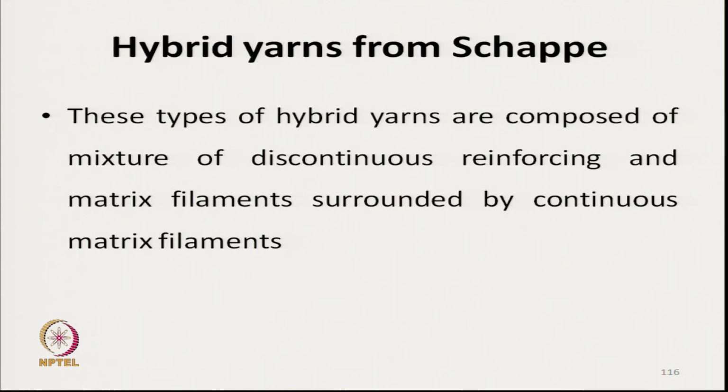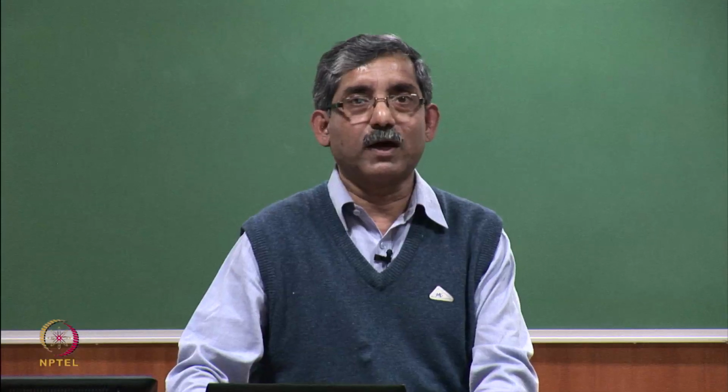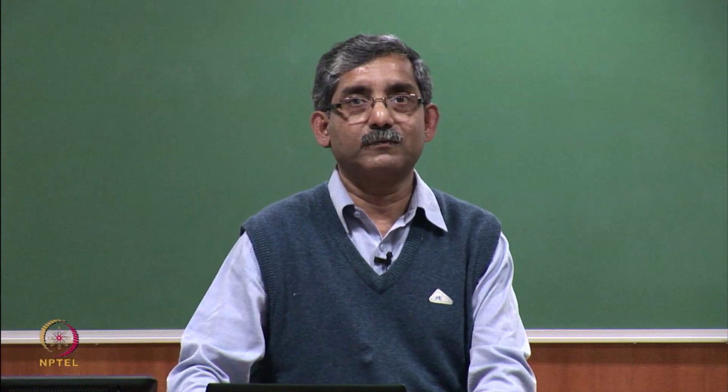There is another technique, it is a Chappe technique, discontinuous reinforcing and matrix filaments surrounded by continuous matrix filament. So, that is also one technique, typically a type of wrap spun yarn, a little bit that type.